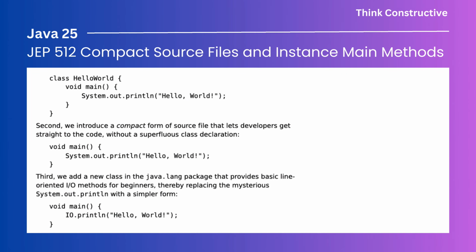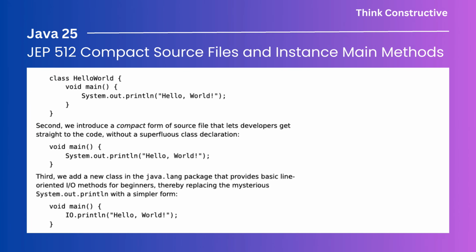The key highlights for this feature are compact source files, interacting with the console, and automatic import of the java.base module. As you can see, there is a class HelloWorld with void main. You must know that in Java we always write public static void main and then write the main method body inside that. A lot of boilerplate code was there, which is now simplified in JDK 25.